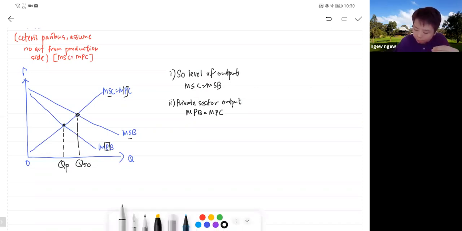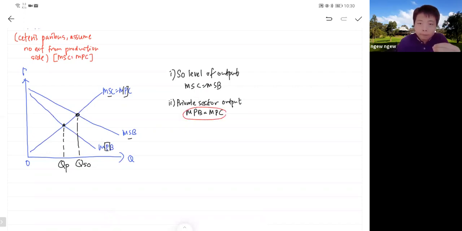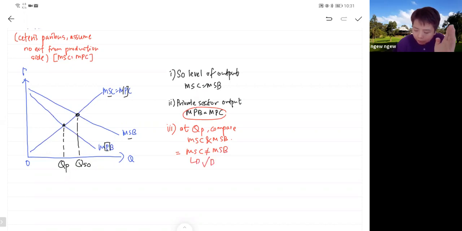However, if you are producing at private sector output, you will need to check, the third step, at private sector output, you compare MSC and MSB. If you realize that MSC doesn't equal MSB, meaning that there will be deadweight loss incurred, which means welfare loss.